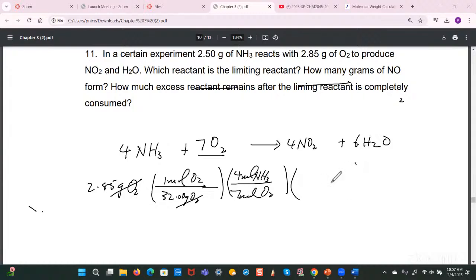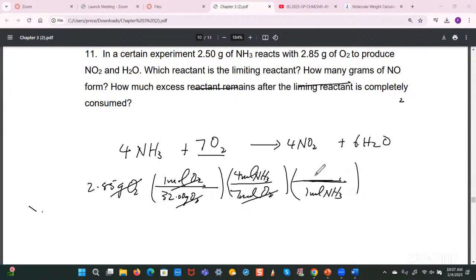Then what? We need 1 more conversion factor. And by the way, this cancels out with that, right? So what goes down here? 1 mole of NH3, and what goes up top?